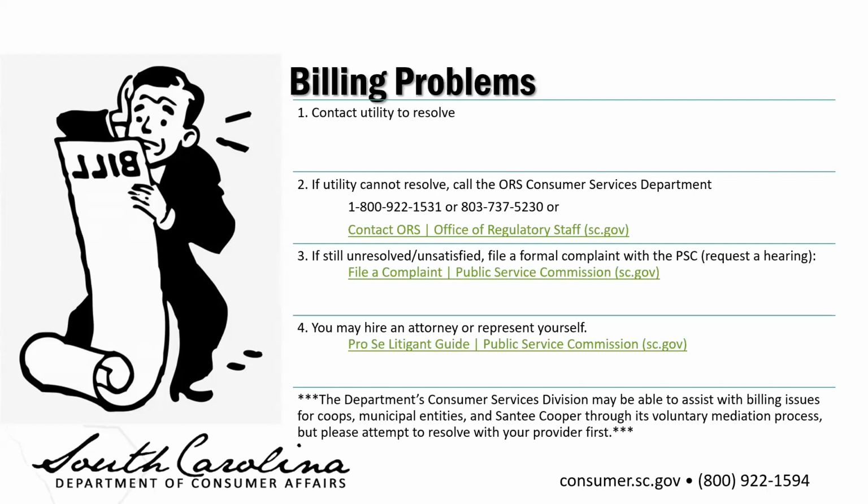If you do that, you can choose to hire an attorney or represent yourself. I've given you the pro se litigant guide in case you're trying to represent yourself. And I do want to point out that the department's Consumer Services Division here may be able to assist with billing issues for co-ops, municipal entities, and Santee Cooper through its voluntary mediation process. But please attempt to resolve with your provider first.